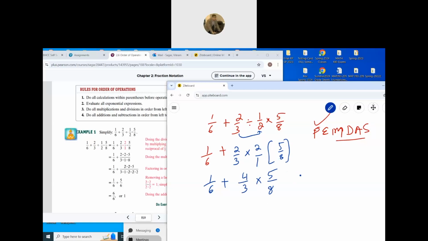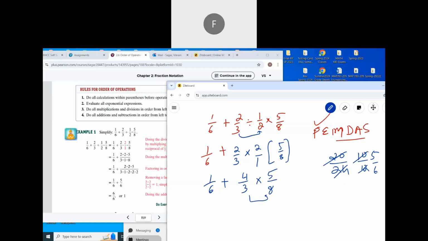Now we are left with this. So this is going to be what? 20 over 24, right? So reduce this by 2, which is 10 over 12, again by 2, which is 5/6, right?